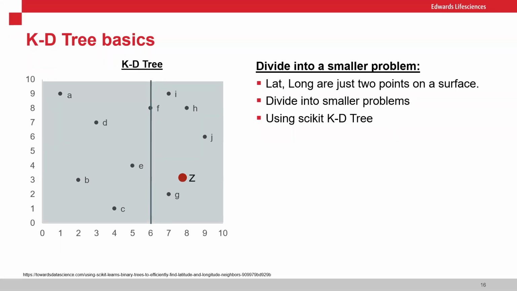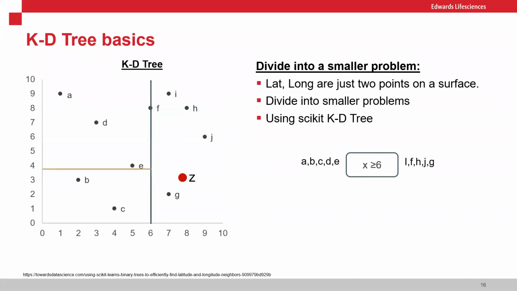So we have two groups, which could be roughly equal size. We've just taken our problem space and cut it in half. Then say there's a new point Z. Where does it fall? Well, it's greater than 6, so it falls down this other path.